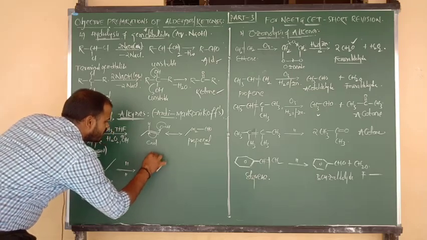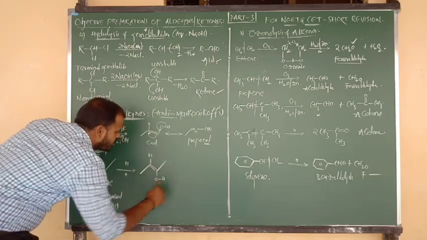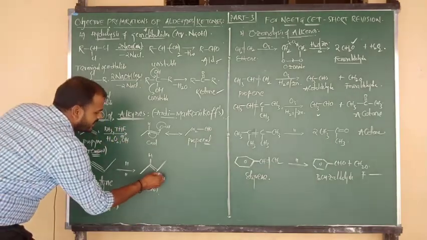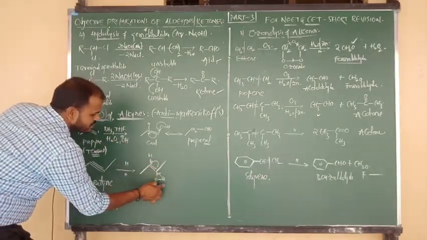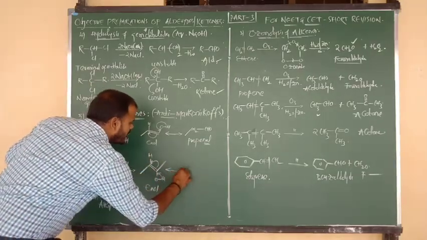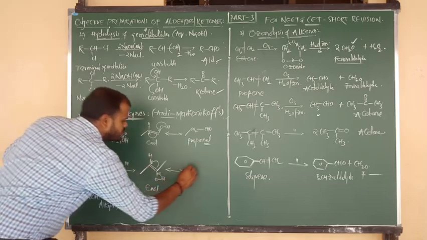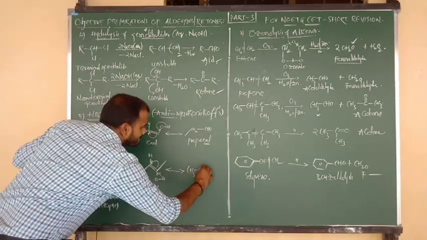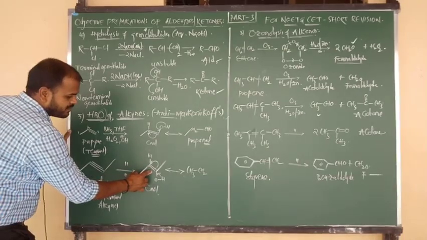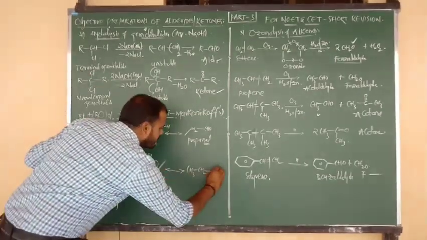One carbon attacked by H and one more carbon attacked by OH. So this is also looking like what, beta? Enol. Again it undergoes what? Tautomerism. So this hydrogen shifts to CH, CH becomes CH2. So after tautomerism, CH3, CH2. This hydrogen shifting here, the double bond becomes a single bond, C double bond O, CH3.